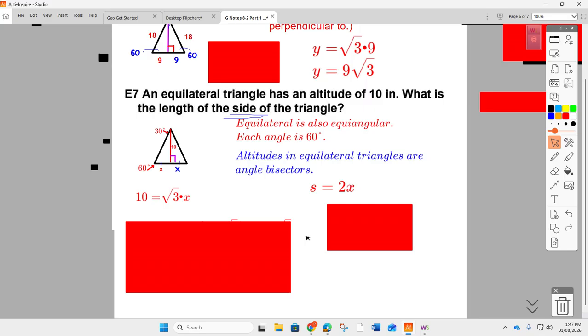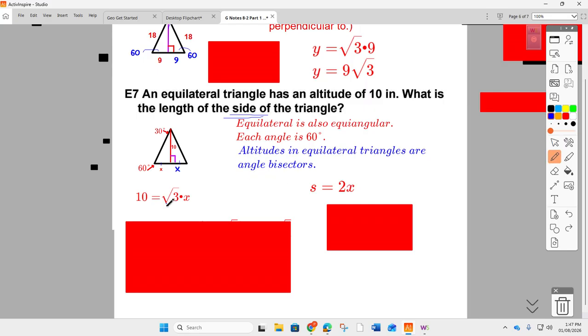I'm tempted to just skip the whole computation, but I think this is our last problem, so we won't. So we're going to divide by the square root of 3. And that's going to simplify to x equals 10 divided by the square root of 3.